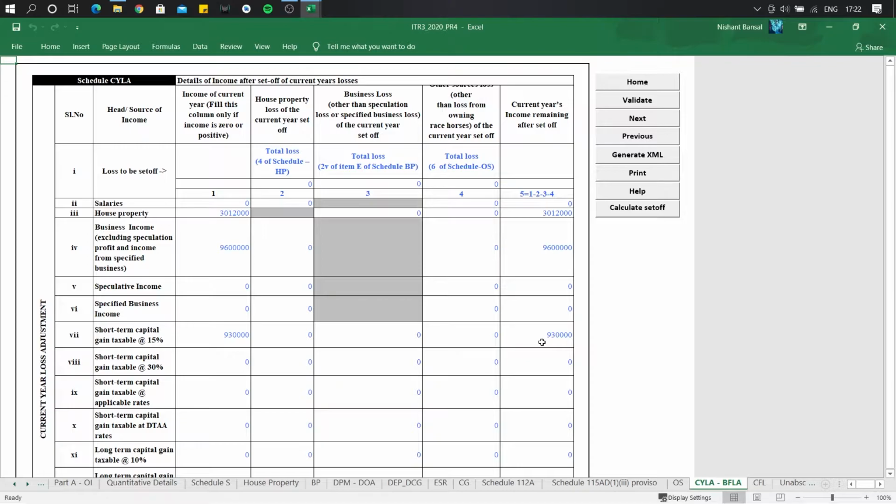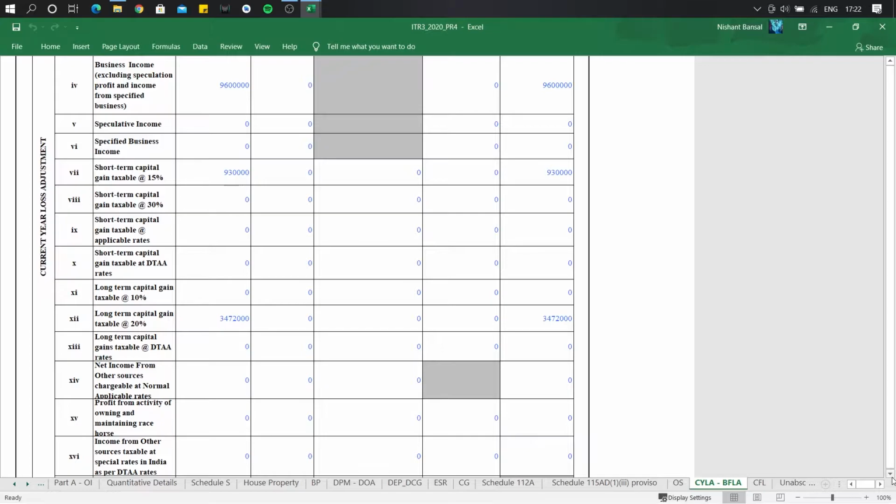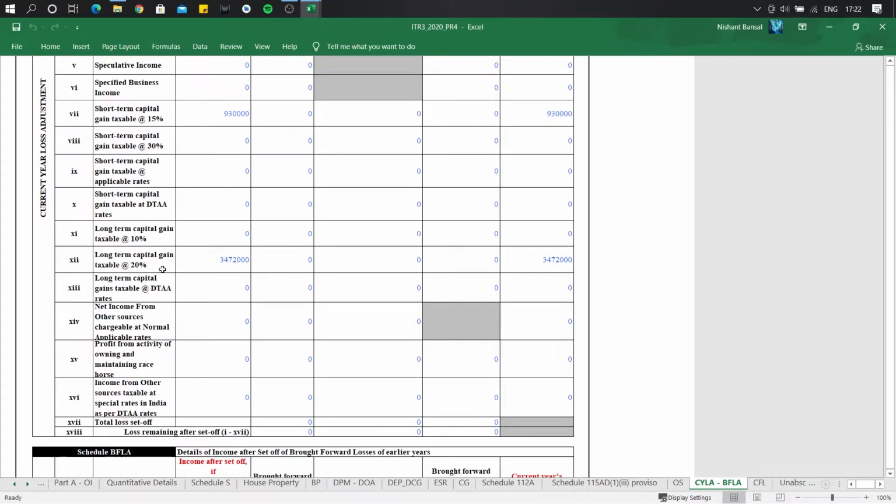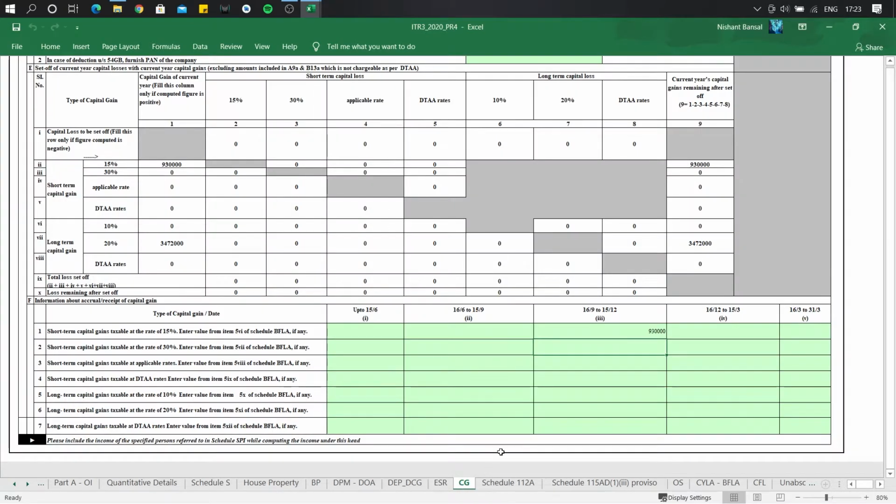This sheet or tab gives the details or the summary of all the incomes under various heads. And likewise, we have long-term capital gain taxable at the rate of 20%, 34,72,000, which will also come here against 0.6.